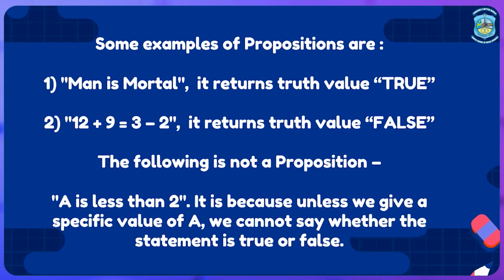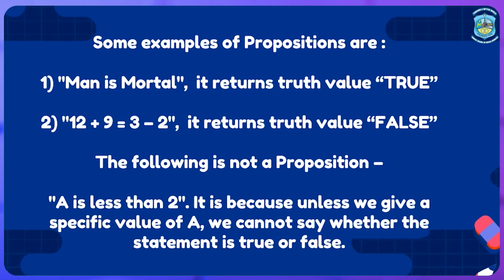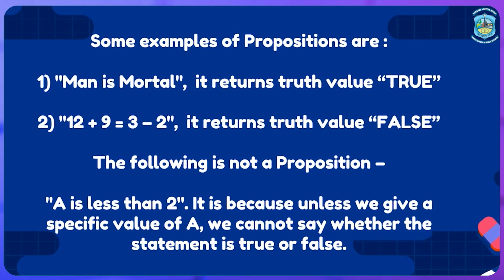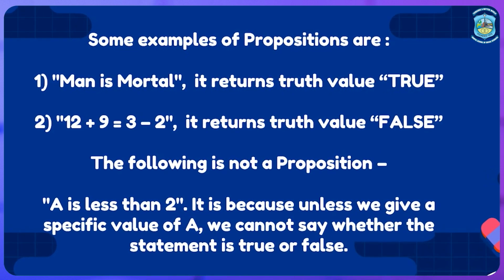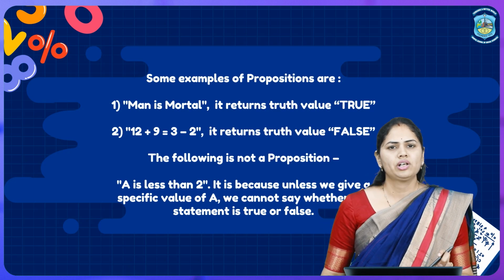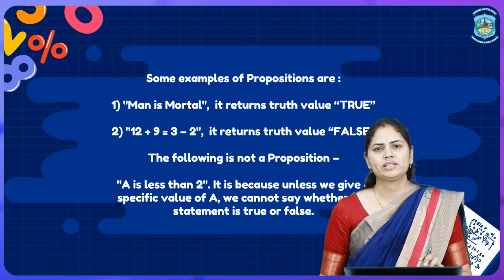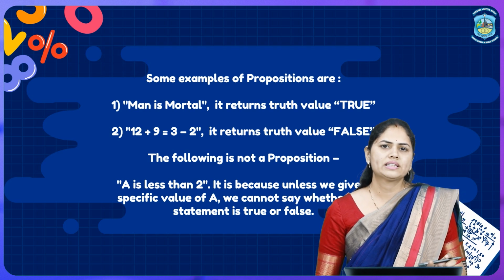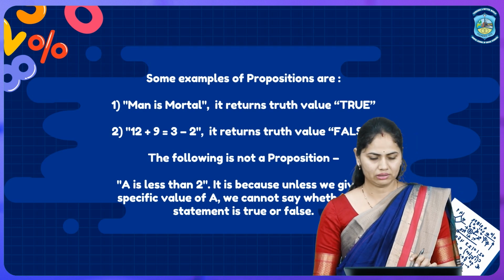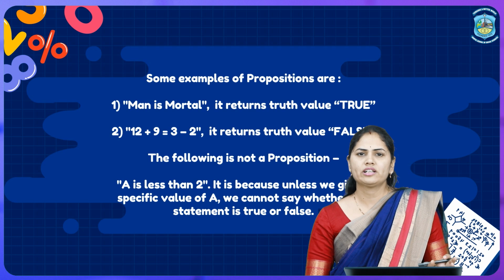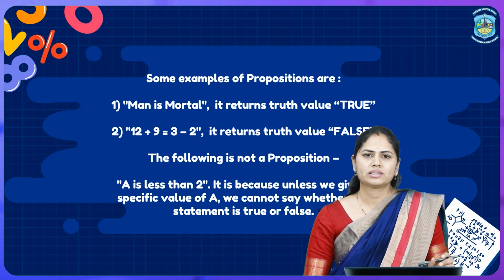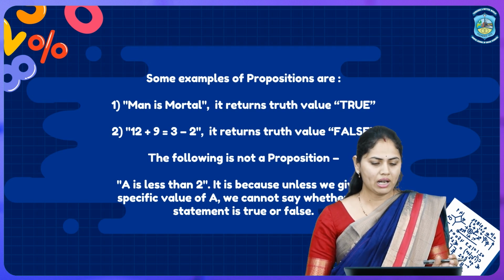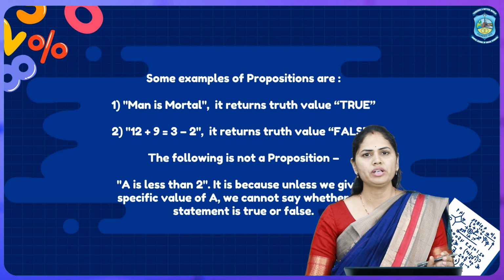We will see a few examples of propositions, like man is mortal. If we check the validity of the statement, its value is true. So, true is the truth value of this statement, man is mortal. Another statement in terms of symbols or mathematics: 12 plus 9 is equal to 3 minus 2.